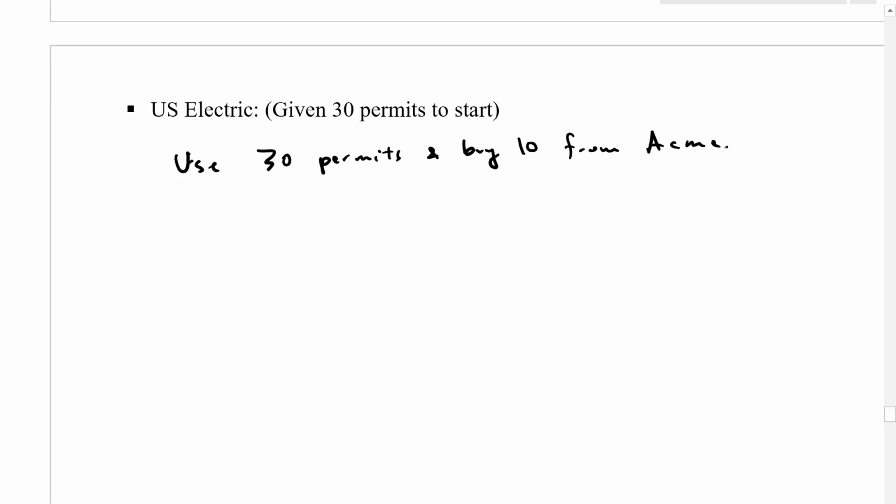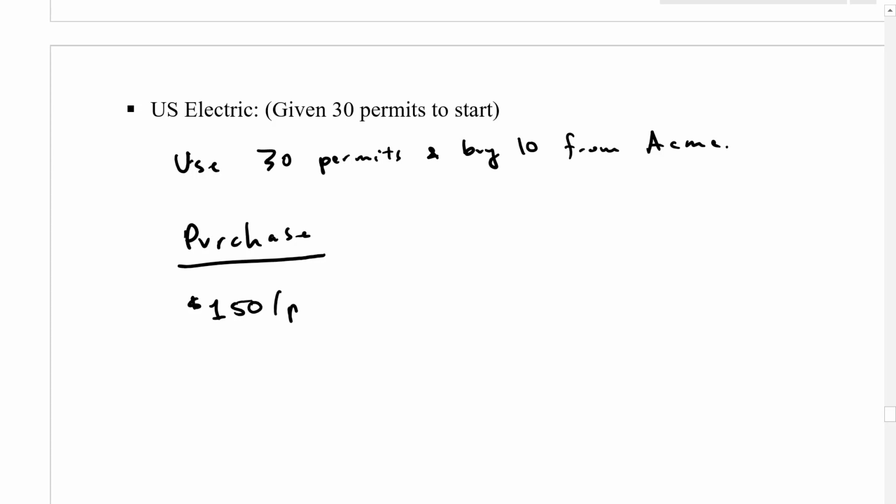The purchase of permits is just the opposite of what we did for Acme. $150 per permit times 10 permits is equal to $1,500 cost.